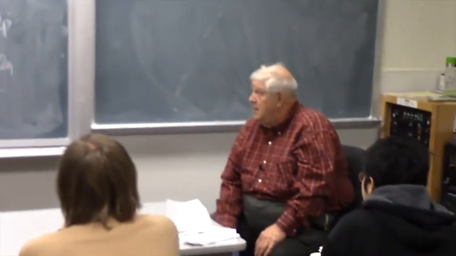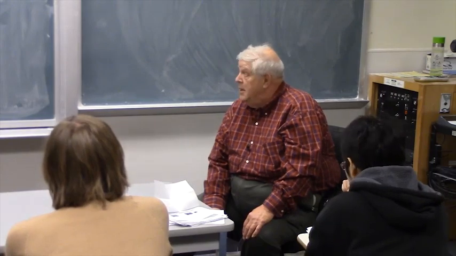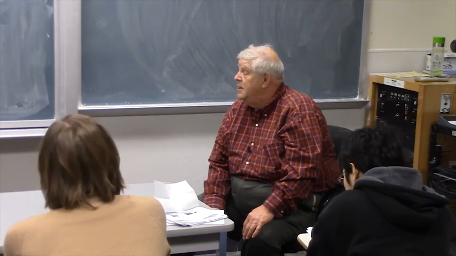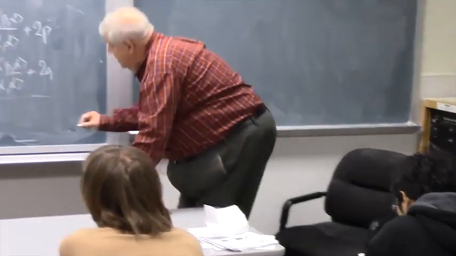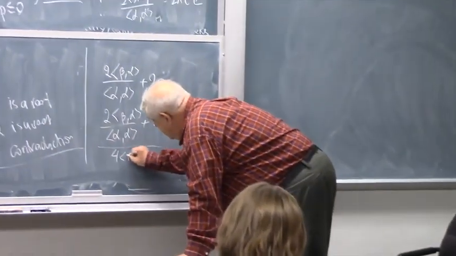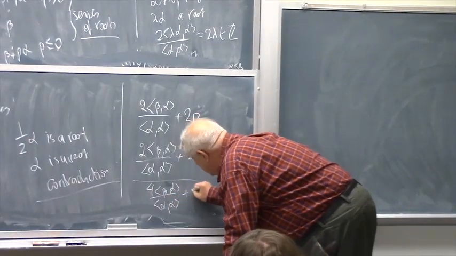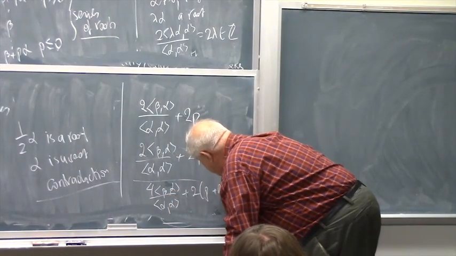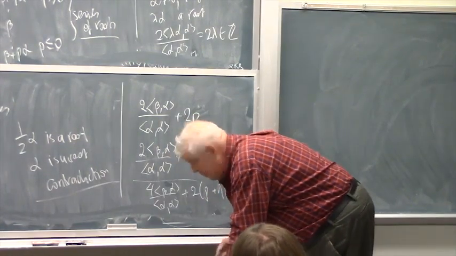Their sum is 0. What do you think their sum is? The sum is 4(beta, alpha) divided by (alpha, alpha) plus 2p plus 2q, with p and q depending on beta and alpha. I can write p(beta, alpha), q(beta, alpha).